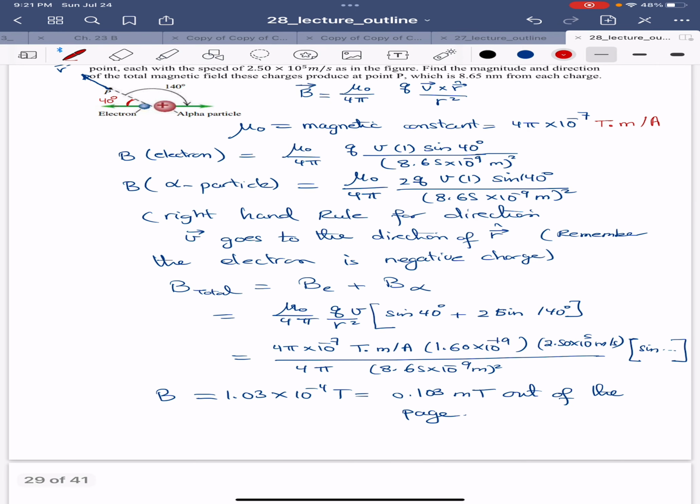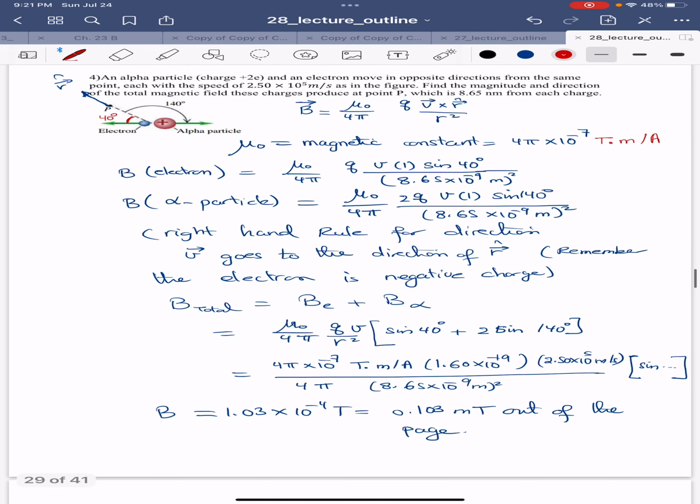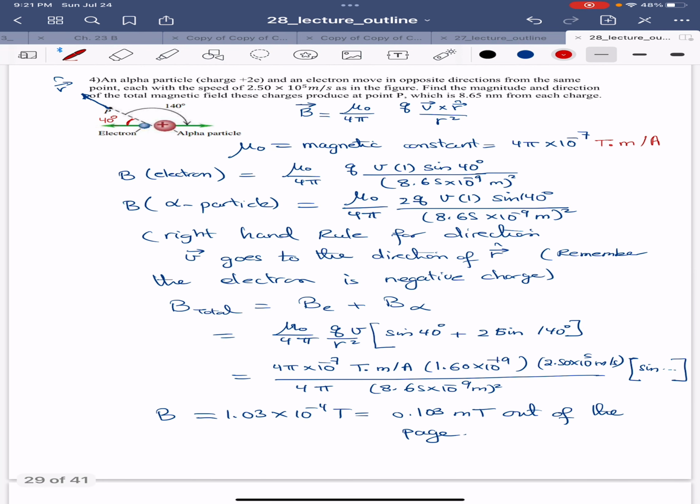For the direction, use the right hand rule: as v goes toward the direction of r, for example for the electron, we find that this is into the page for a positive charge, and therefore out of the page for the electron.